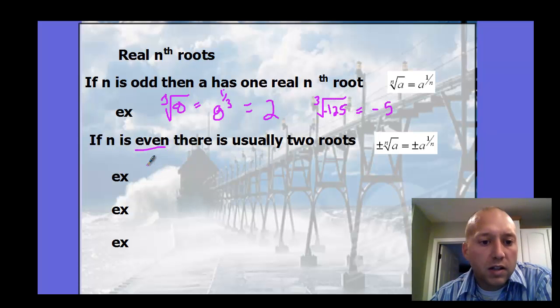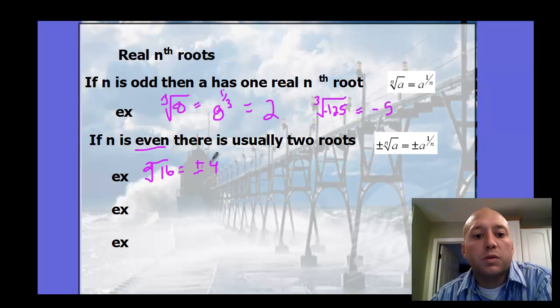If we look at n being even, the square root of 16 is going to be plus or minus 4, because a negative 4 times a negative 4 is still positive 16. This is really when you're solving x squared equals 16 and you square root both sides, then you get the two possible answers. And if we have the fourth root of 16, the answer could be positive or negative 2.